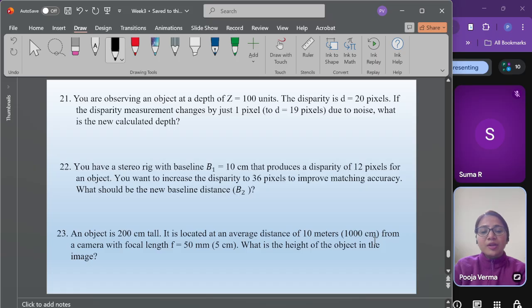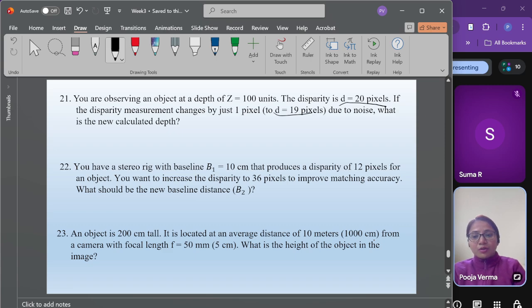If the disparity measurement changes by just 1 pixel, that is, d is 19 pixels instead of the initial 20 pixels, reduced by 1 pixel due to noise, what is the new calculated depth?